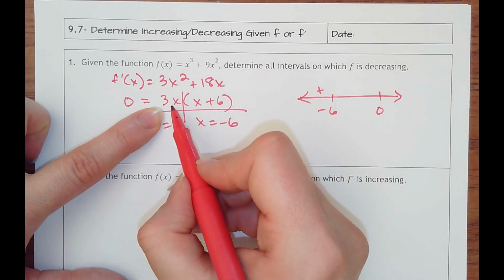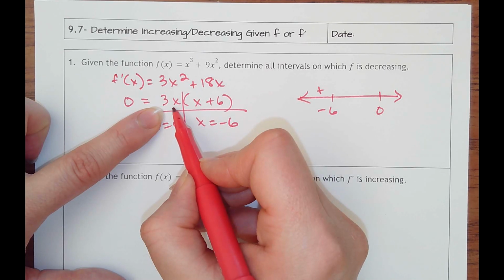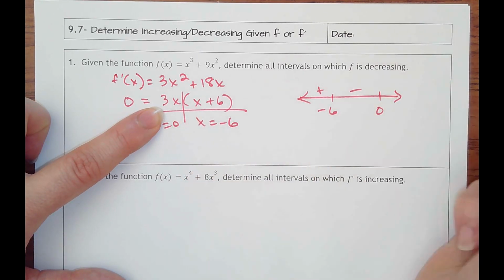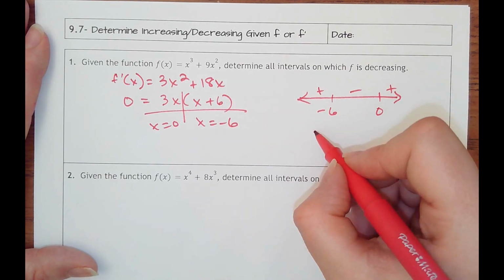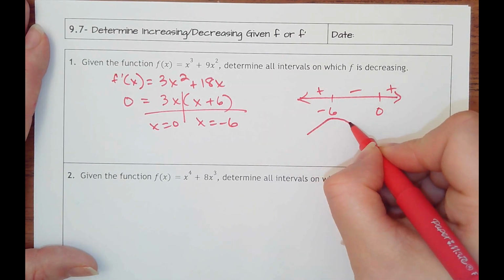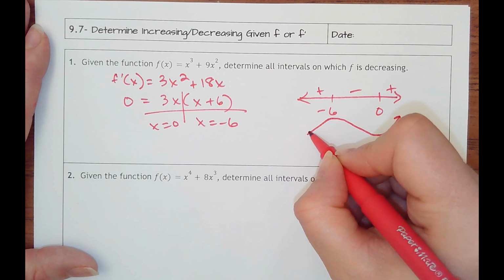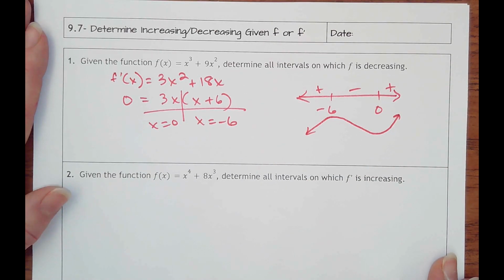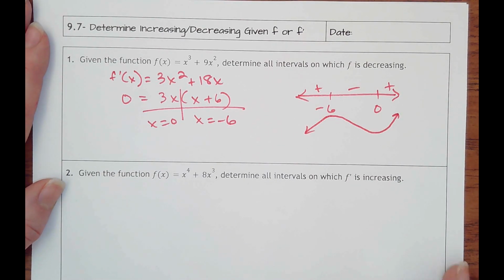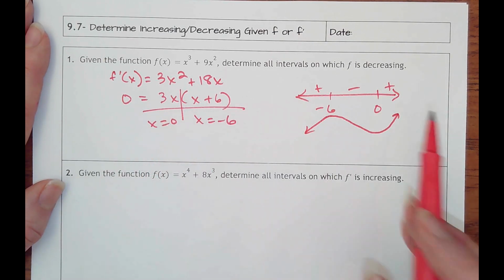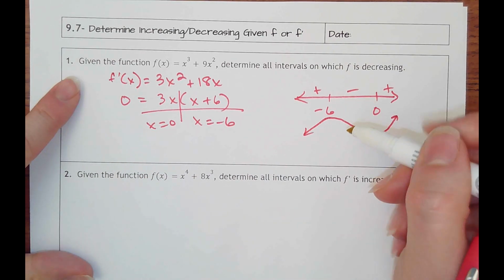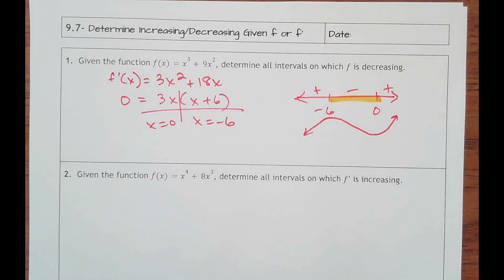If x were negative 1, that would be a negative times a positive. And then if x were 1, that would all be positive. And so we're increasing, decreasing, increasing. Okay, and so then that tells me that f is decreasing from negative 6 to 0.